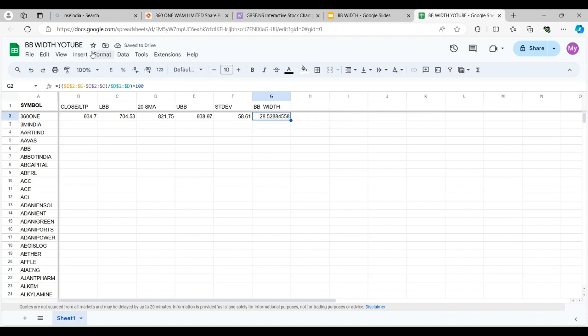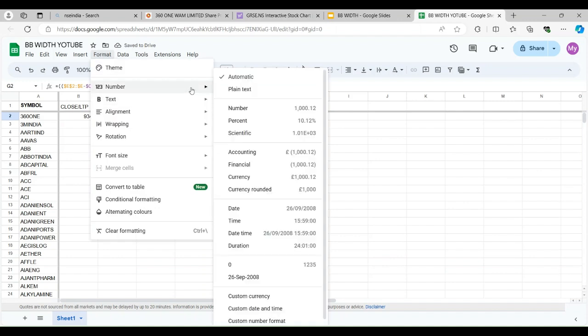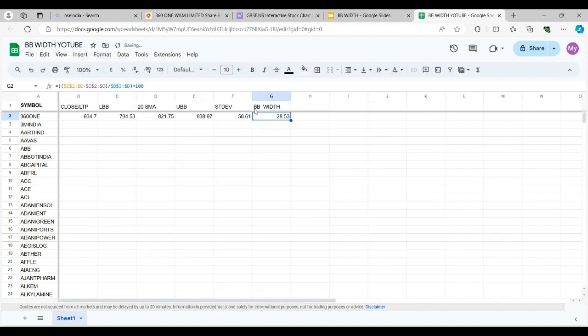Again, number. Now we got everything. Close price or last traded price, lower Bollinger Band, 20 days simple moving average, or you can say median, upper Bollinger Band, standard deviation, and Bollinger Band width. I will copy.